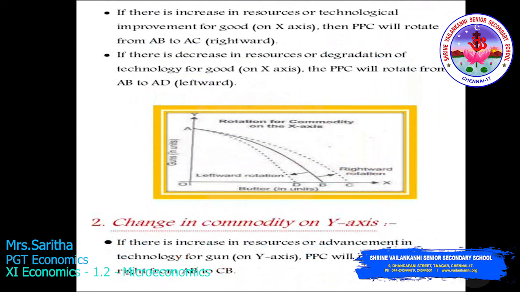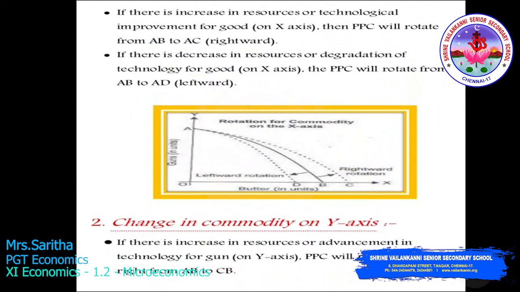If there is an increase in the resources or technological improvement for the good on the x-axis, then the PPC will rotate from AB to AC, that is rightward. Whenever there is an advancement in technology or an increase in the resources, the PPC will rotate from AB to AC.